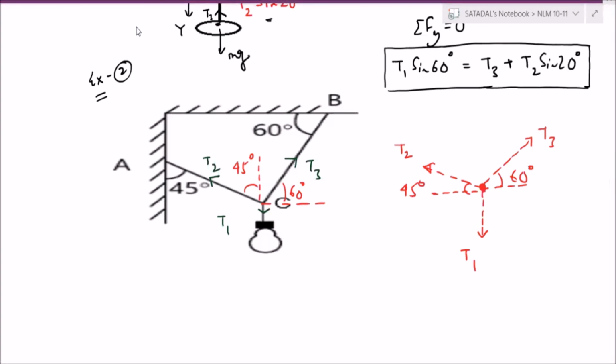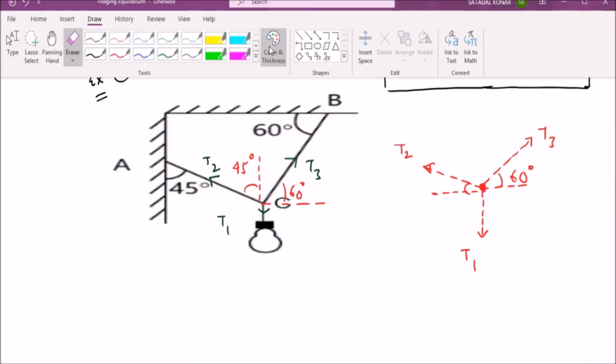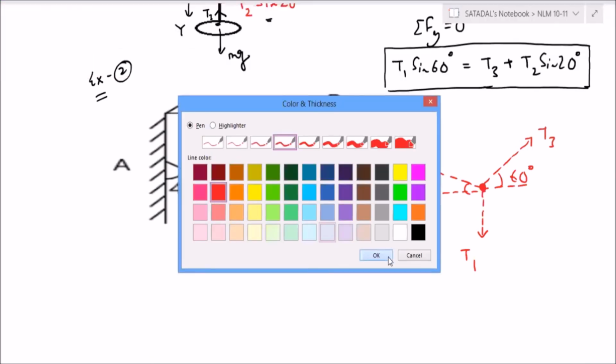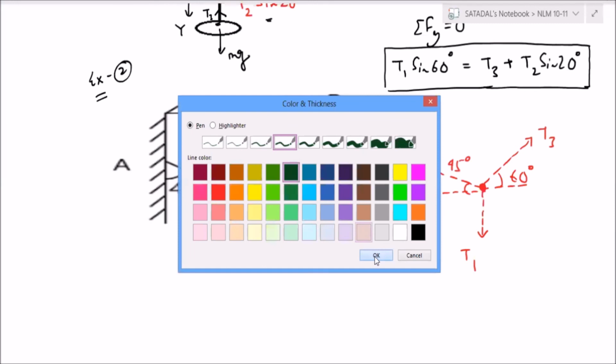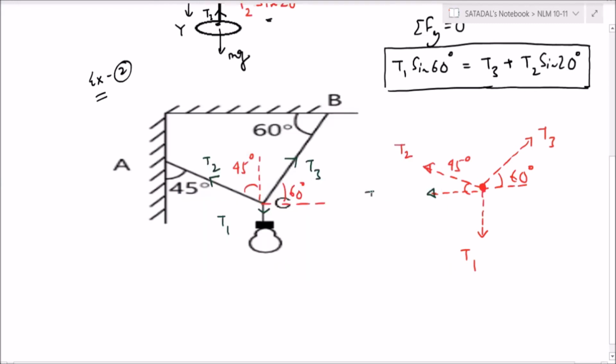Okay, write it here. It is 45 degree. So now if I think about the components, resolve it quickly. This is going to be T2 cos 45 degree. This is going to be T3 cos 60 degree. What about these two components?